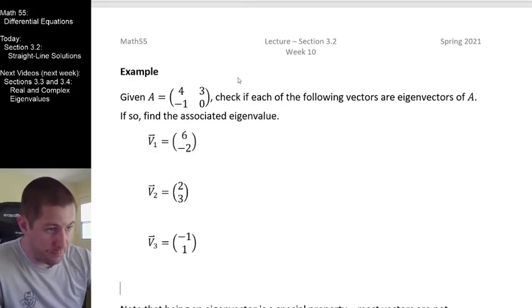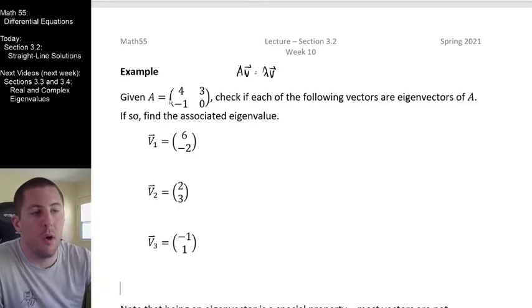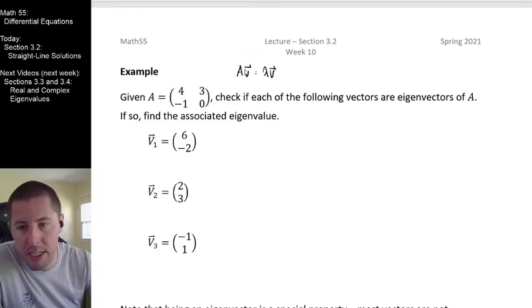My key to this is to remember that our definition is Av equals lambda v, right? So I've been given the A matrix, and I've been proposed vectors to use for v, and I want to decide if this relationship holds or not.